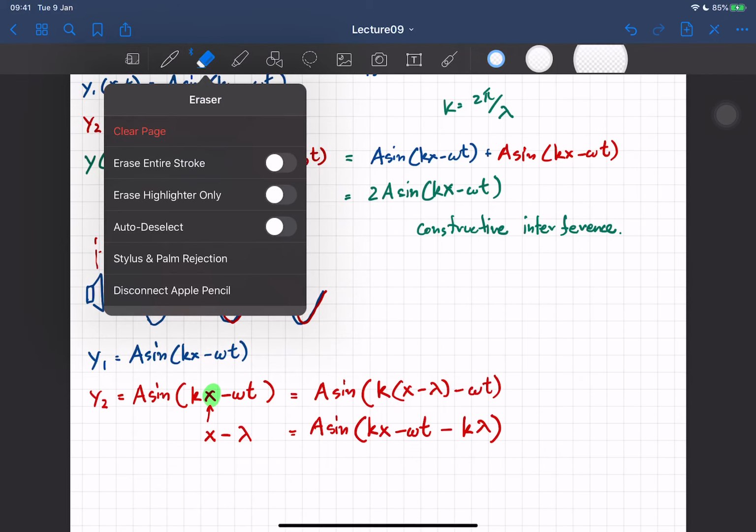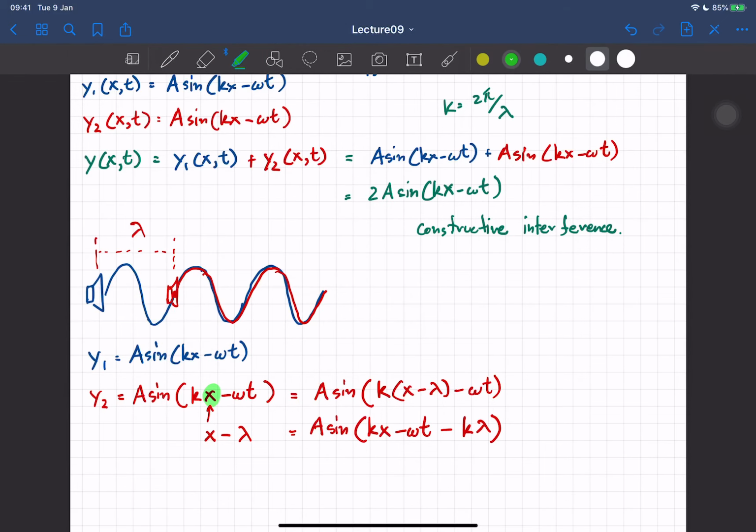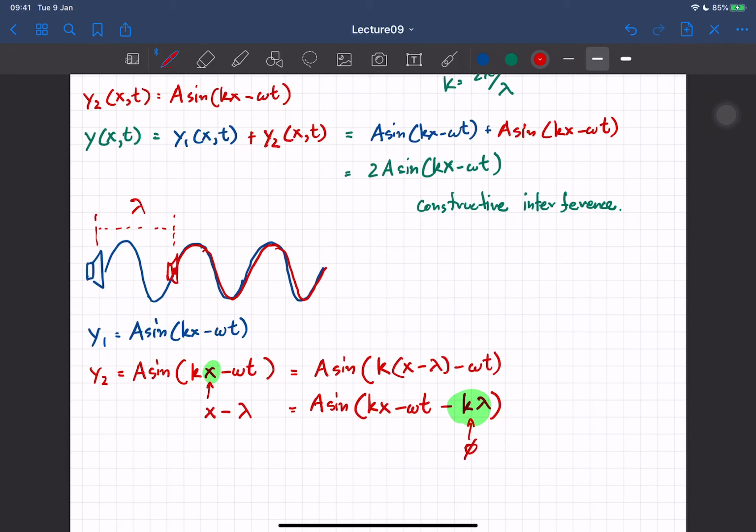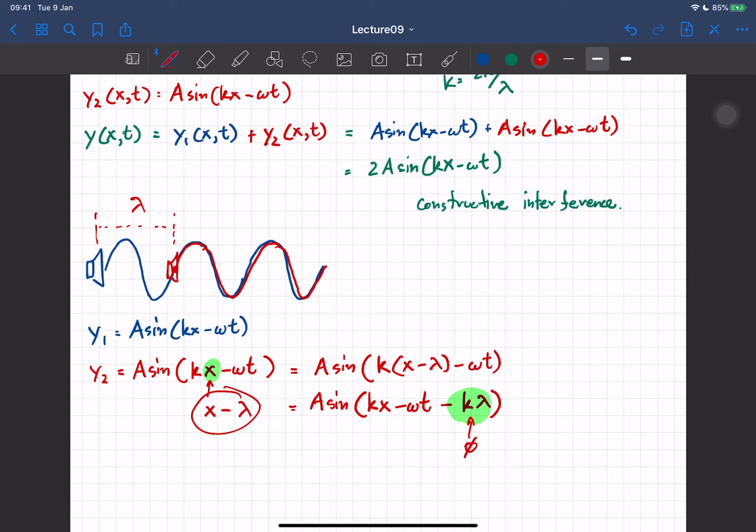And if you compare this to the original y2, compare these two together, the additional phase that appears is this term here, k times lambda. That's the phase that I was about to put in the first place, but I said, okay, let's not do that, let's just put it in the x variable here.